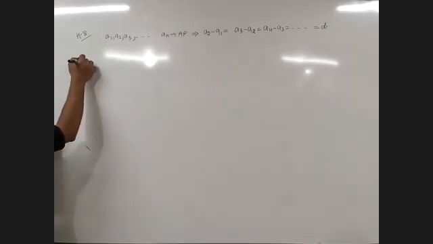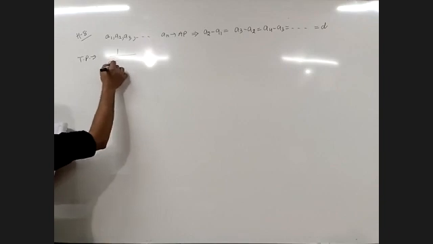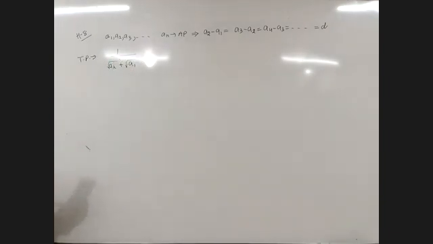Now what we need to prove is that 1 upon root a2 plus root a1, I have taken a little liberty here, where it is written a1 minus a2 over root a1 plus root a2. I am writing root a2 plus root a1, that's one and the same thing. I took this liberty because later we have to utilize this condition.